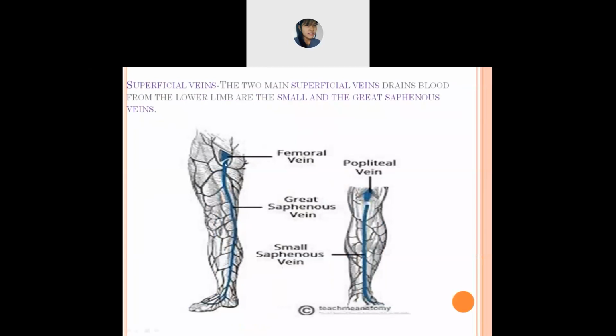From the femoral vein, it will come, and you will find the small and the great saphenous veins. The great saphenous vein lies here, and the small saphenous vein is at the back, and this is the posterior side.